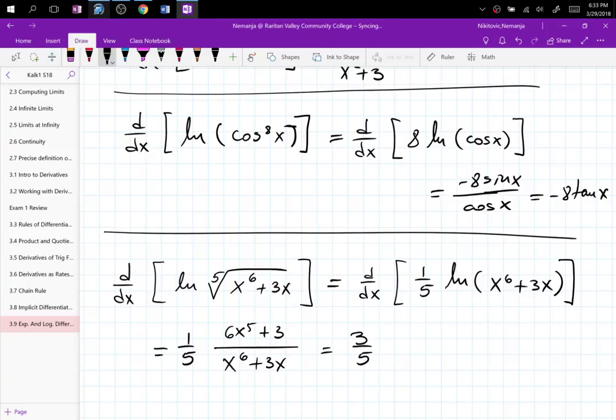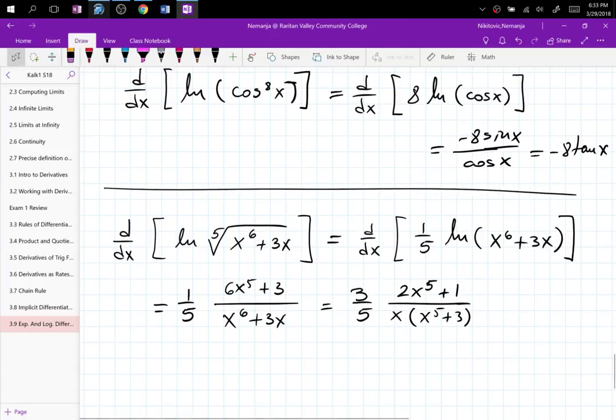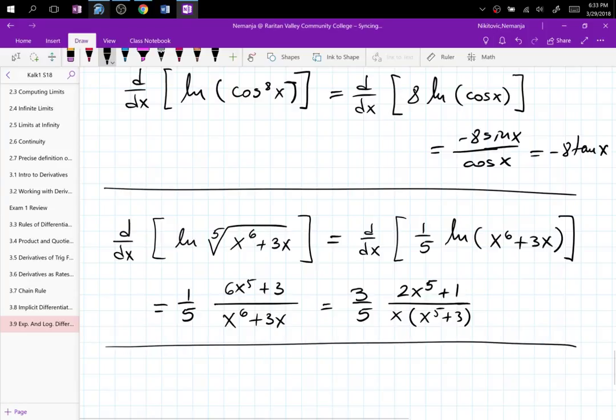On top, you have 2x to the 5th plus 1, divided by, you can factor out x in the denominator, get x to the 5 plus 3. And that's the most simplified version.